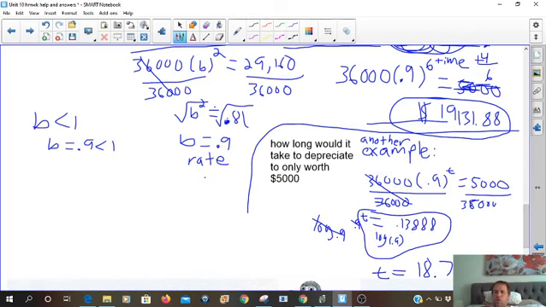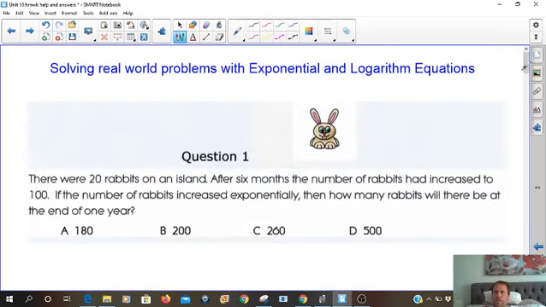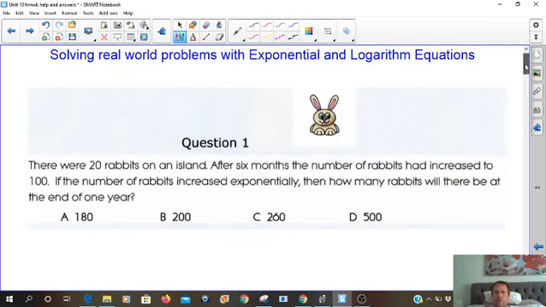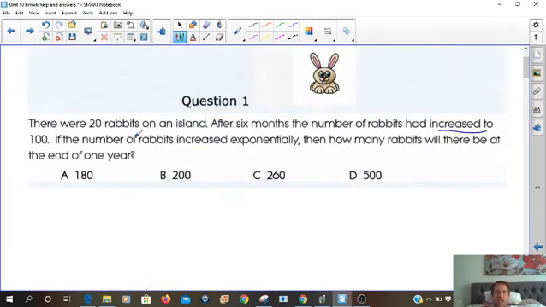So you have your 4 problems there that you're going to work on. And so here's our rabbit one. It says increased. So get started on that one. They tell you our initial was 20 rabbits. So that's your initial, right? And then on an island, after 6 months, so there's your time, it increased all the way to 100.